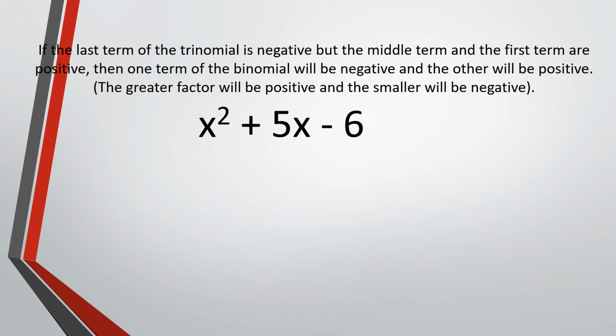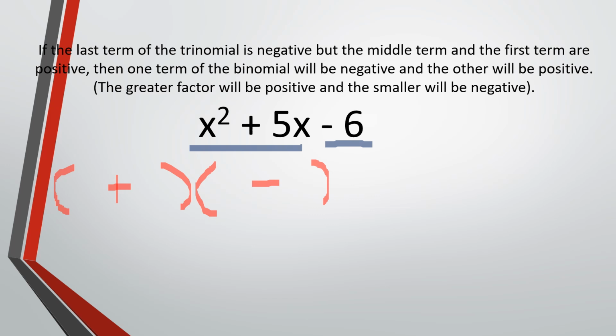Alright, another. Now we have here x squared plus 5x minus 6. Again, the first and the second terms are positive, but the last term is negative. Based on the given rule, one binomial factor is positive and the other binomial factor is negative.